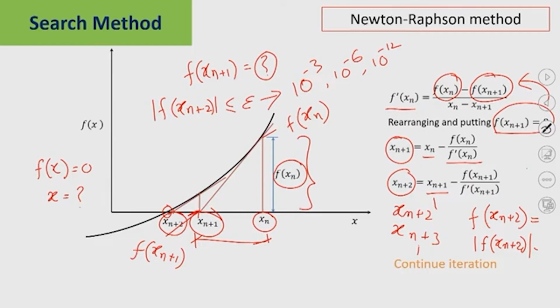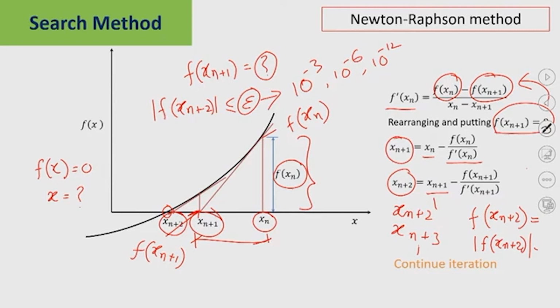That means epsilon is the acceptable error. Once the function value is less than the acceptable error, I can terminate my iteration. So, this is your Newton-Raphson method for finding the root of a function, okay.